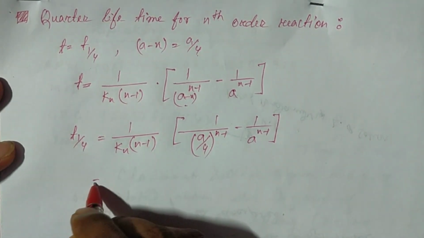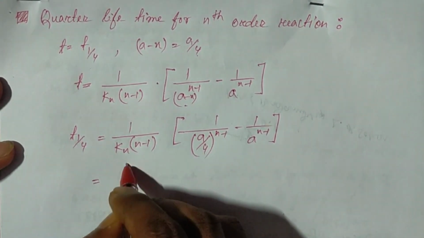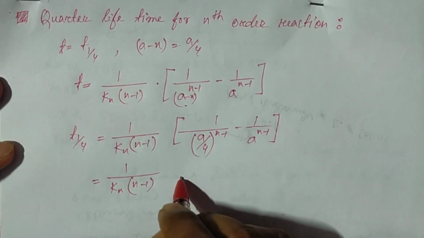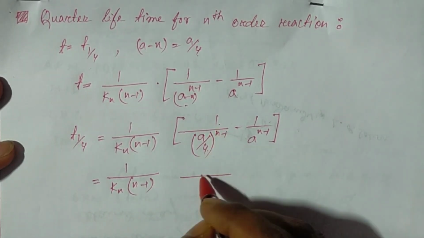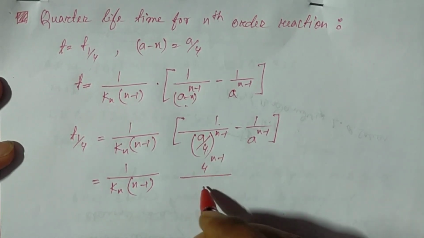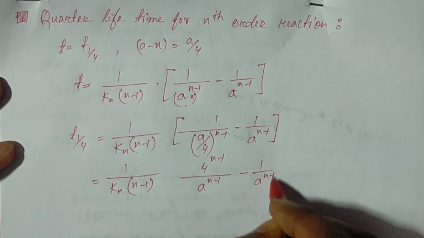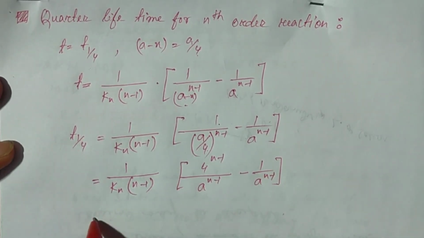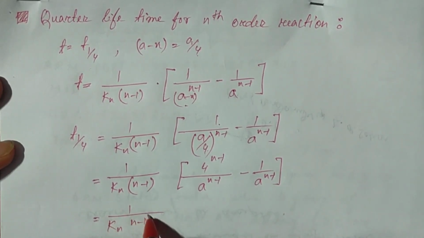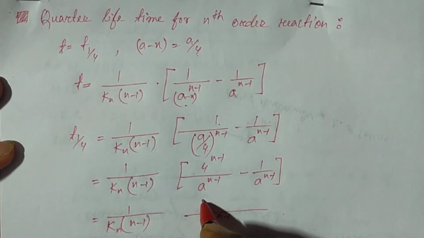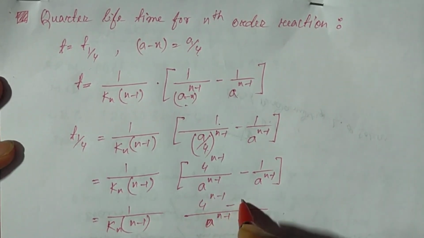Okay, so it will give you 1 by kn (n minus 1), and 4 will be here, 4 to the power n minus 1 a to the power n minus 1 minus a to the power n minus 1. So it will be a to the power n minus 1, and here it will be 4 to the power n minus 1 minus 1.